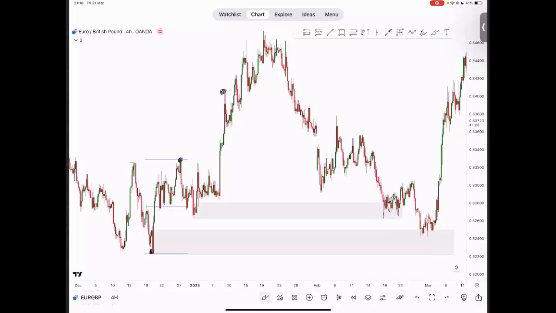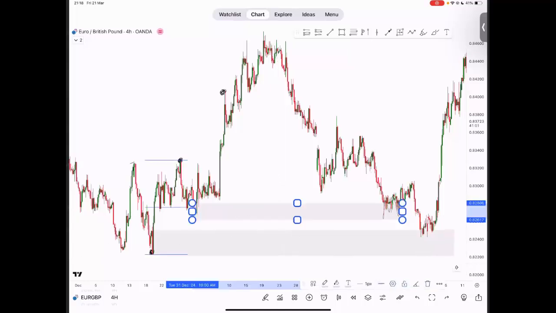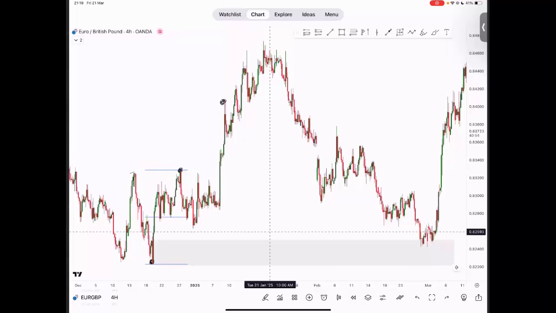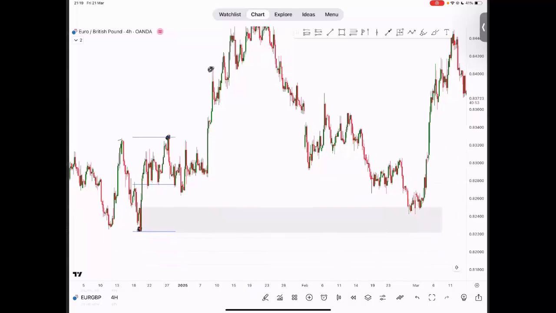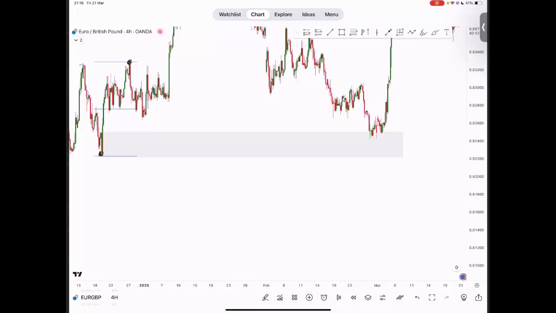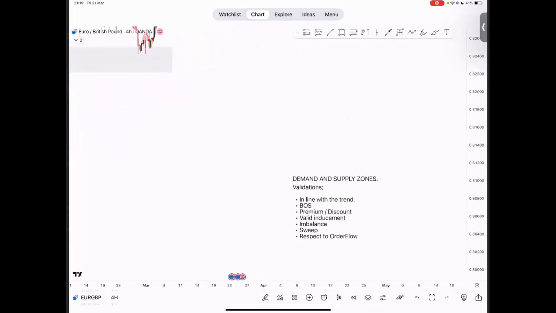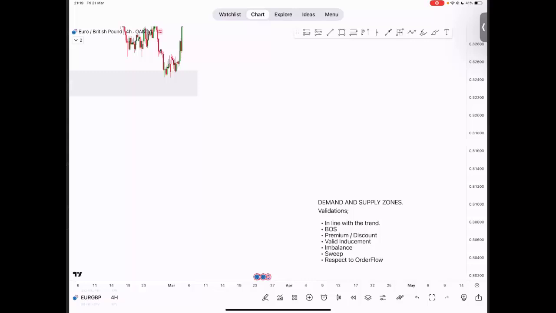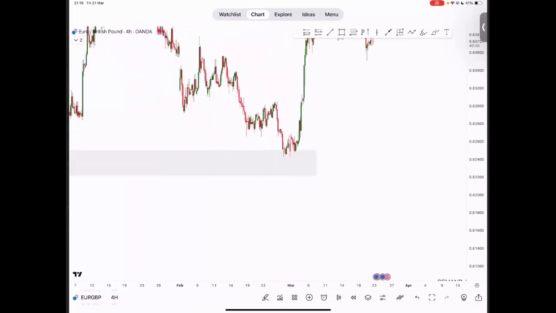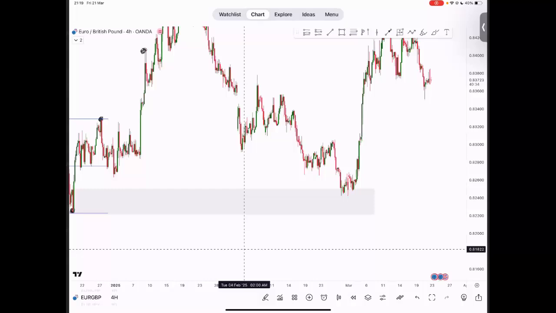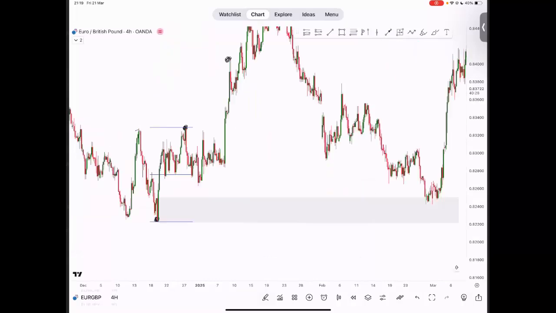Back to what I was saying on this one. Now, if you look very clearly, what happened here? We had price. For the inducement, right? I want to mention that your inducement has to be valid as well. If you have a setup, I told you that your setup must have what? An inducement. But I think it's better put as a valid inducement. A valid inducement means that it must pull back into the discount if you're buying, or pull back into the premium if you're selling.